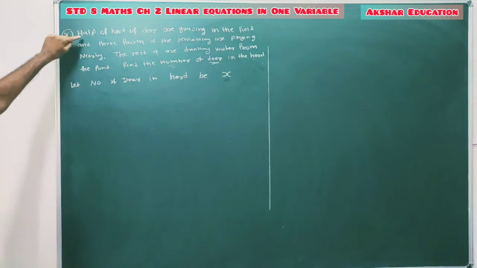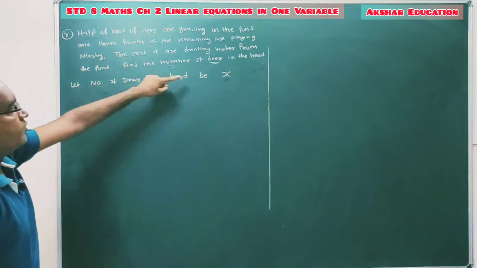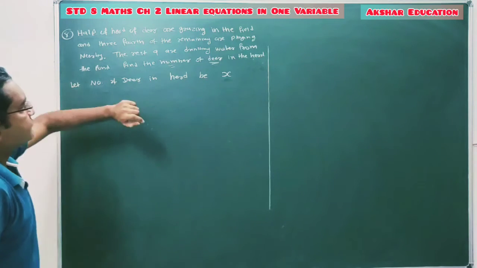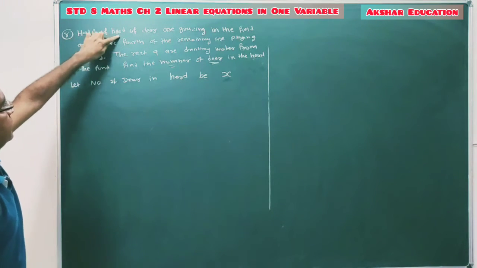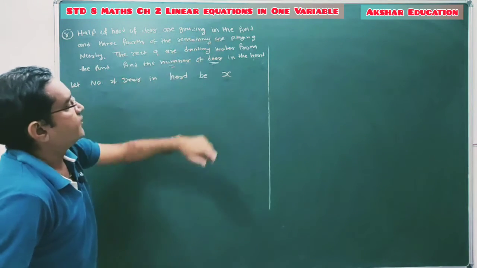Now start from the first statement. Half of the herd. In the herd total x number of deer are there. So half of the herd, that means 1/2 of the deer, are grazing in the field.